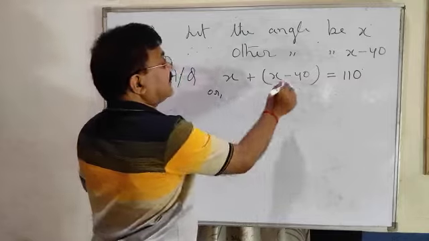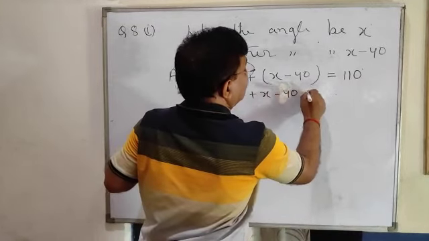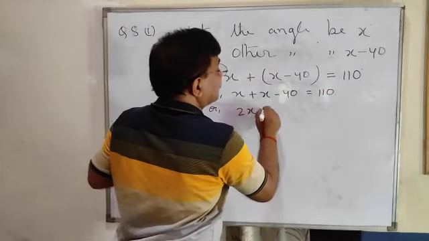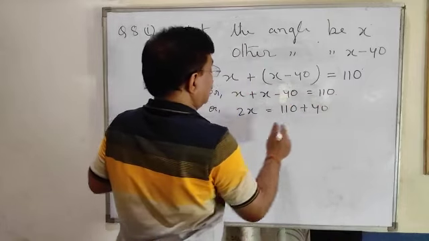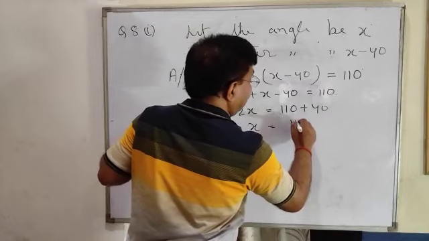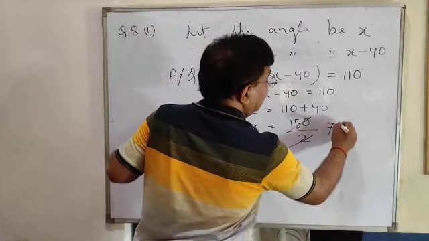First, let us remove the bracket. x plus x minus 40 is equal to 110, or 2x is equal to 110 plus 40. This 40 will go that side, or x is equal to 150 by 2, means 75 degrees.